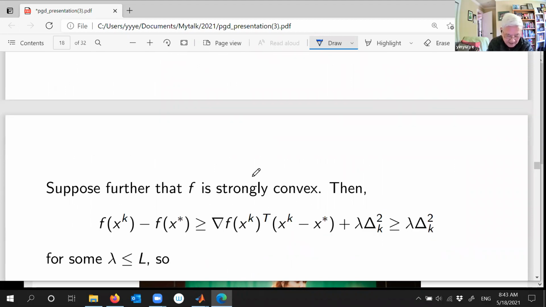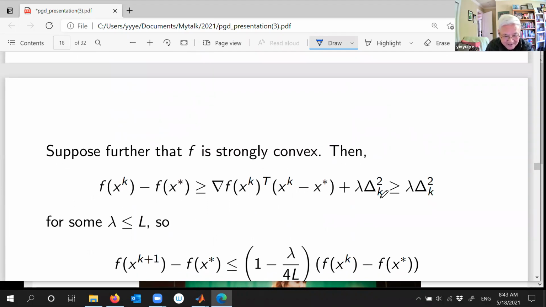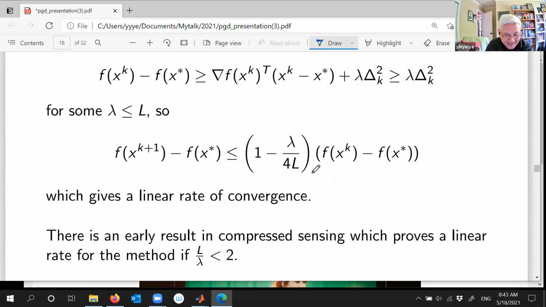Furthermore, if F is strongly convex, which is bounded by the smallest positive eigenvalue of the Hessian, which is bounded by this one, then you can prove this has a linear convergence rate, which is also consistent with steepest descent without any constraints.